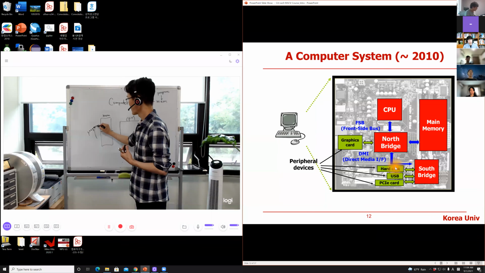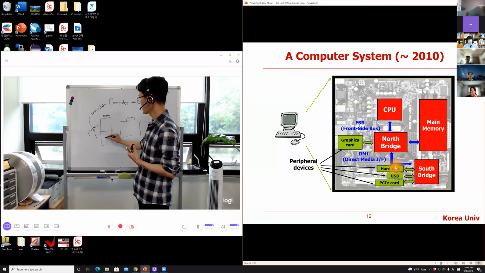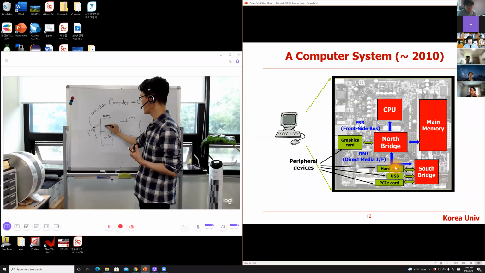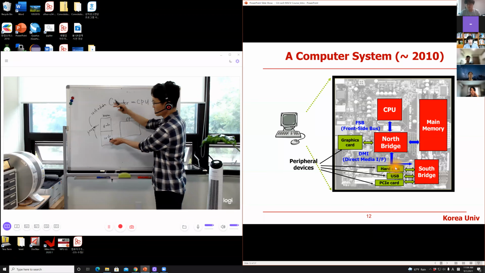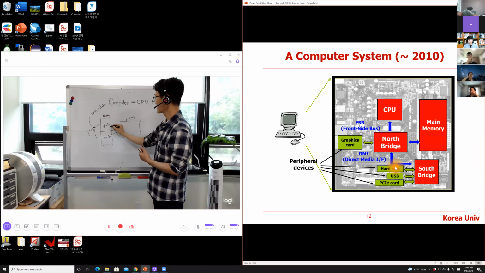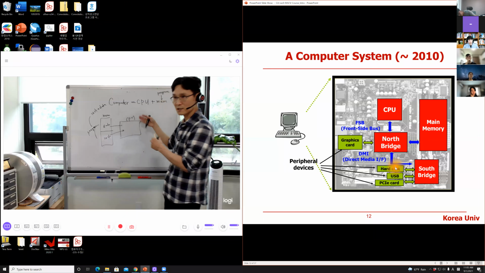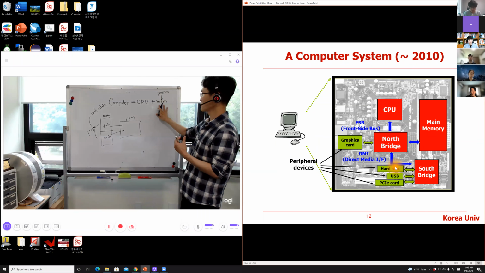Again, the program is what? A program is a collection of instructions and data. So memory stores instructions and data. The CPU reads instructions, reads data, and does some processing. That is the big picture. So that is the second component.